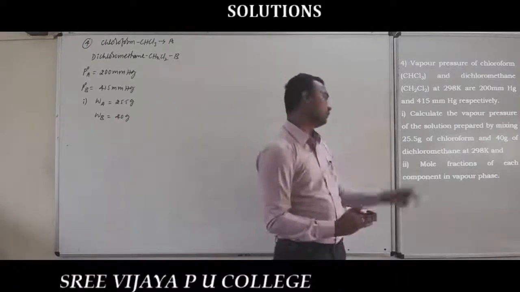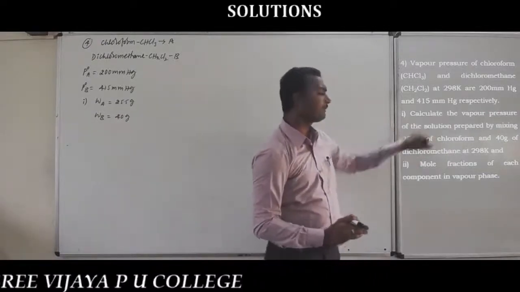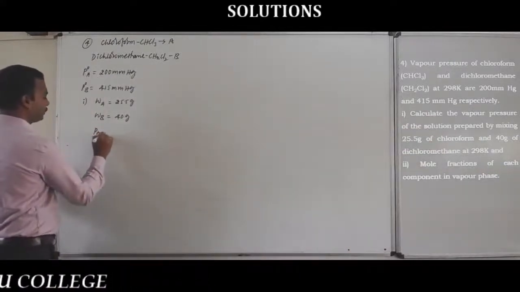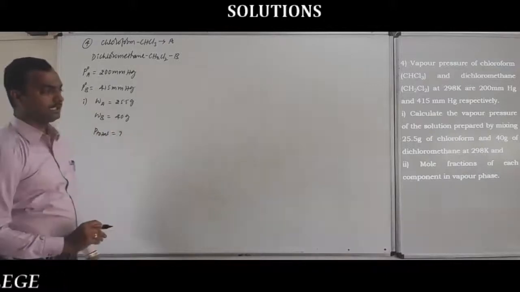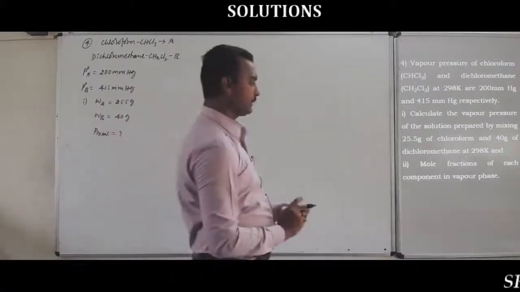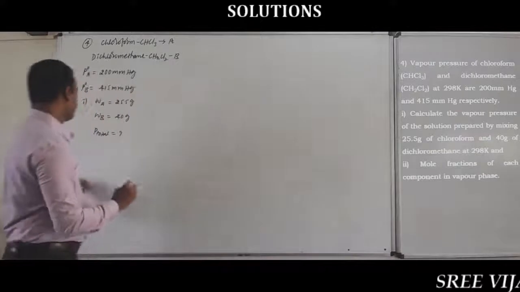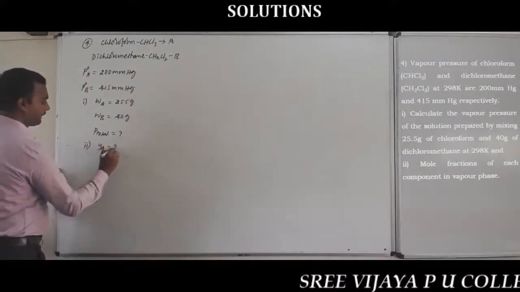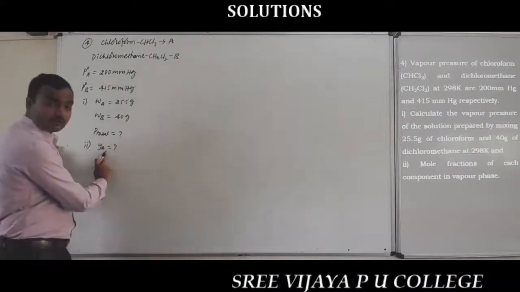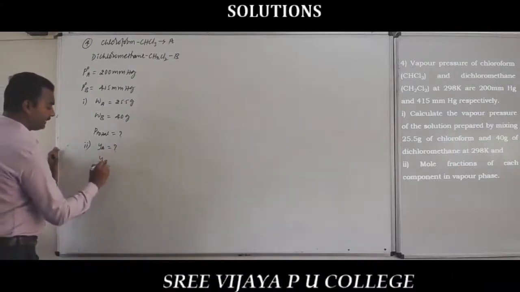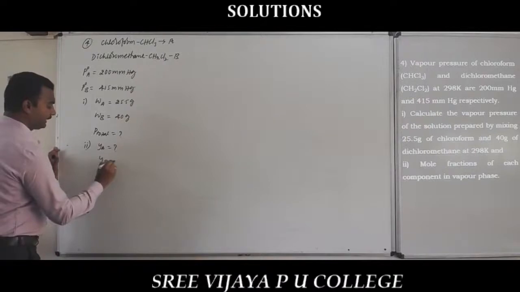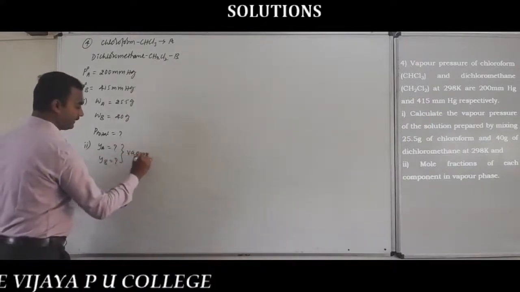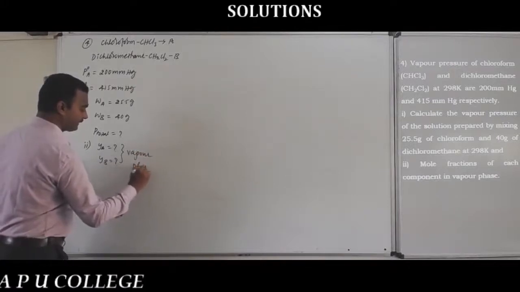The total vapor pressure of that solution, that is the vapor pressure of the solution, P total, is what you have to calculate. And one more thing is the mole fractions of each component in the vapor phase. So second, we have to calculate YA, the mole fraction of component A, chloroform, and YB, the mole fraction of component B, dichloromethane, in the vapor phase.